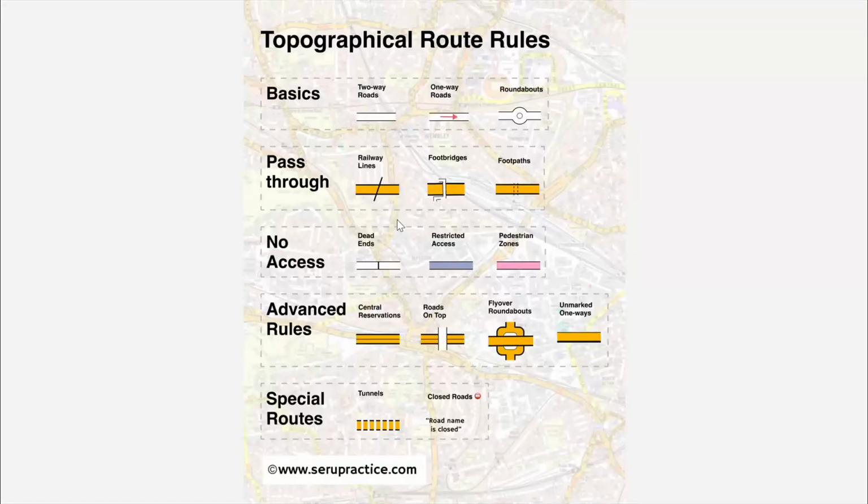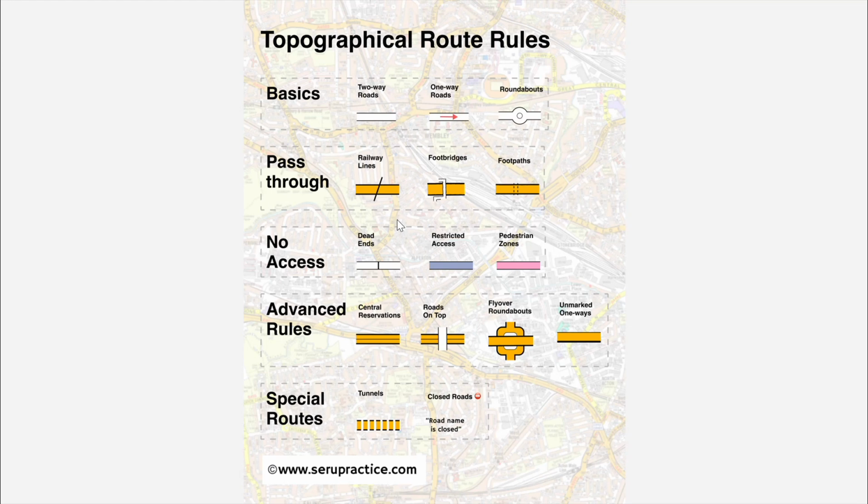What I have here are topographical route rules. These rules, even if they are basics, like pass through and no access, or advanced rules like center reservation and unmarked one-ways, understanding these rules is of essential importance.